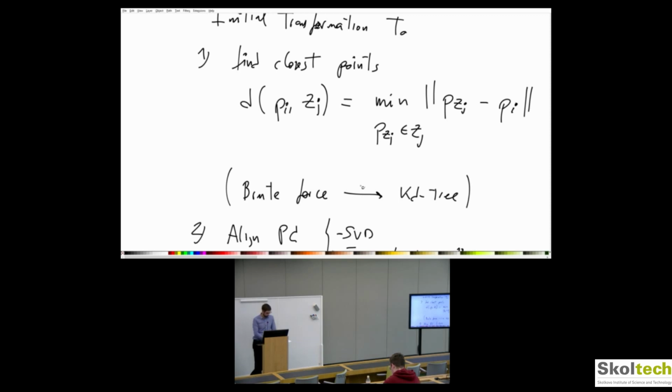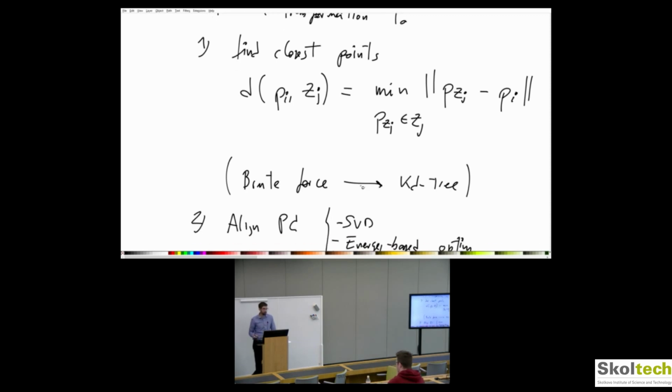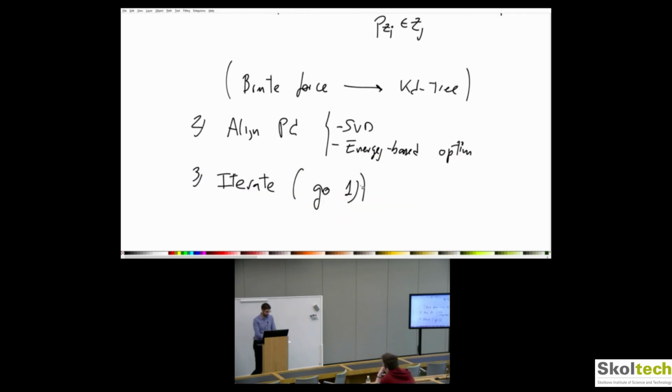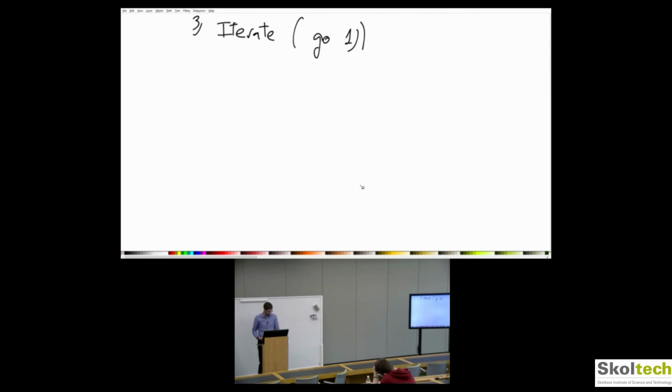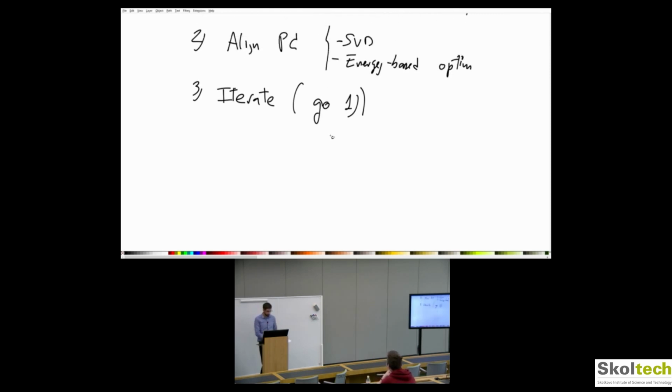So we have this and this. Then we need to find what is the closest point. So maybe for this, this is the closest point, and this is at iteration 1. Now we go to iteration 2. And this point has moved here for whatever reason, right? And this is the idea.